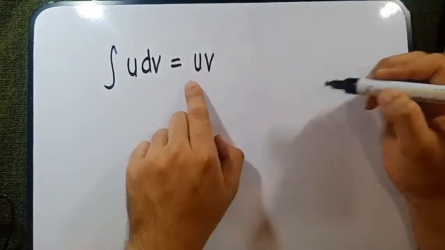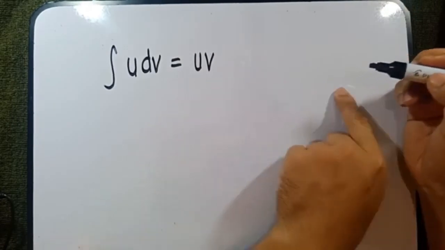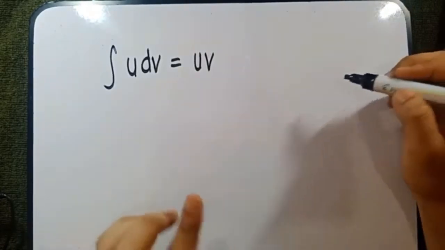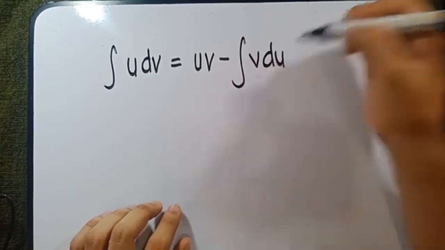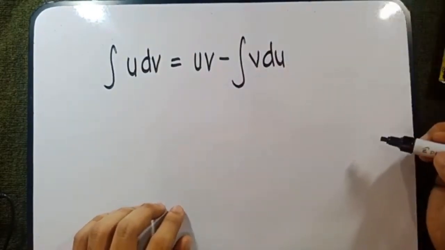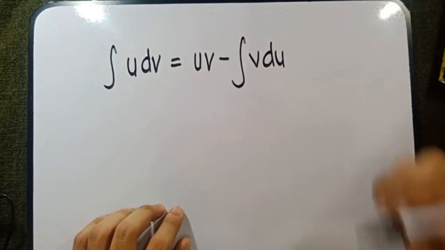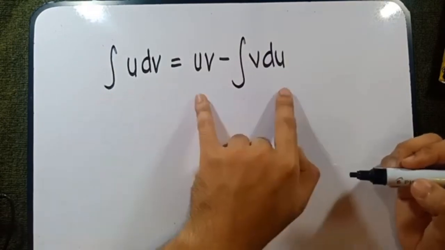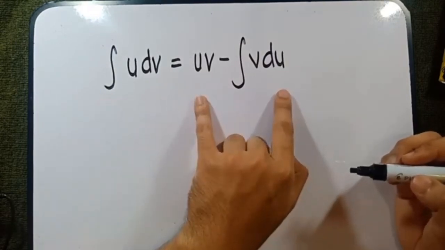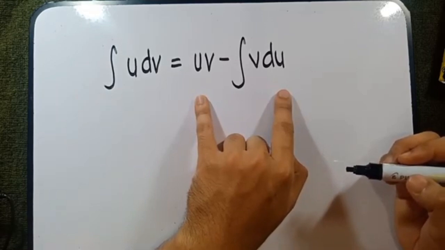The function here is uv minus the integration of v du. So that is our rule in integration by parts. When we have this kind of integral, the function is uv minus the integration of v du.